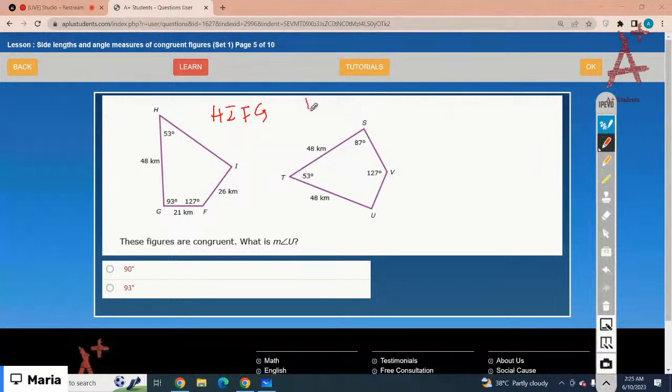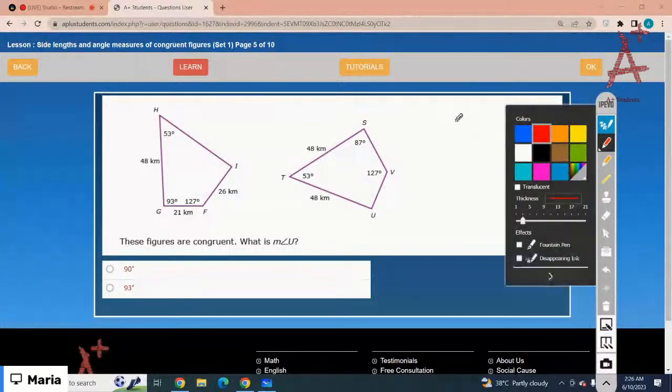Then it would be TSVU. They are congruent. You have to look for angle U. So angle U and angle G are congruent. It is 93. How do I know? Here you can see U is the last one. That means it is congruent to G. So it would be 93 degrees. Got it? The correct option is 93.